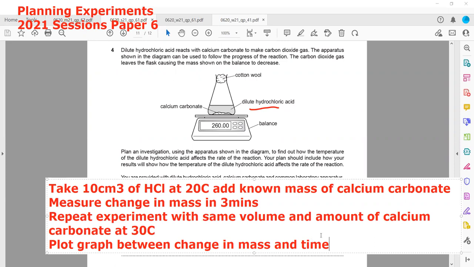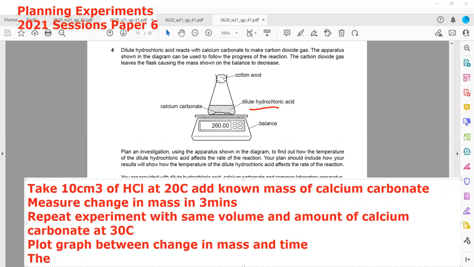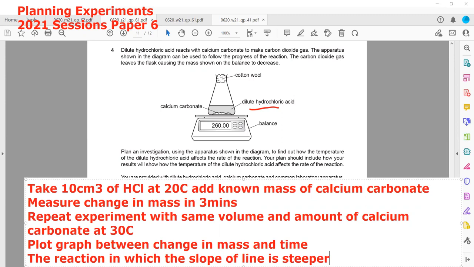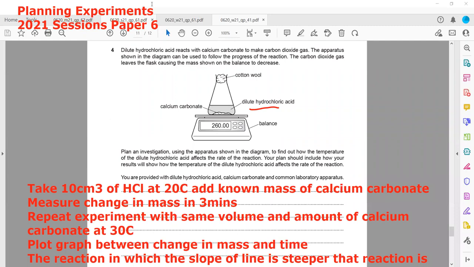The reaction which shows a steeper slope, the reaction in which the slope of the line is steeper, that reaction is faster. So we simply have to find the effect of temperature on the speed or the rate of reaction.